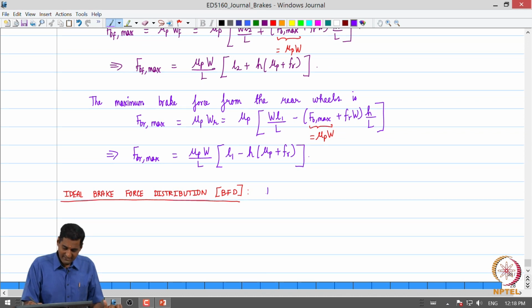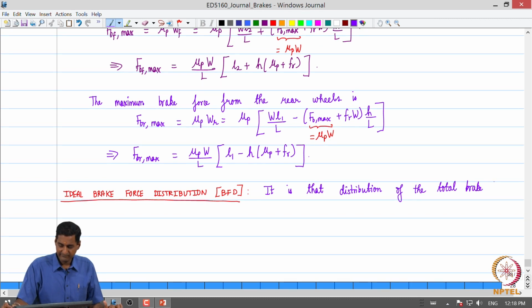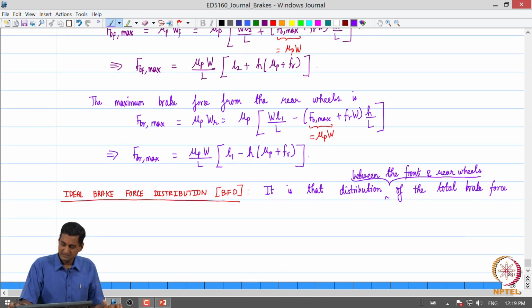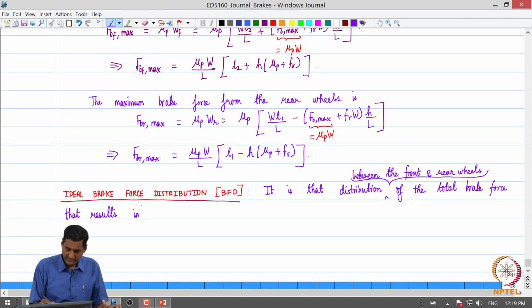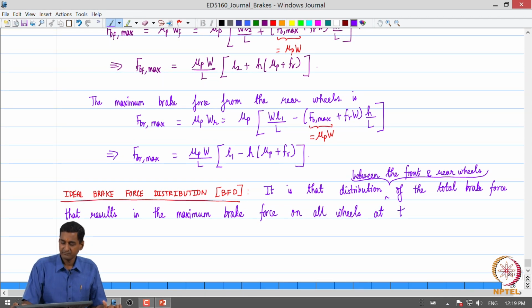It is that distribution of the total brake force between the front and rear wheels that results in the maximum brake force on all wheels at the same time.